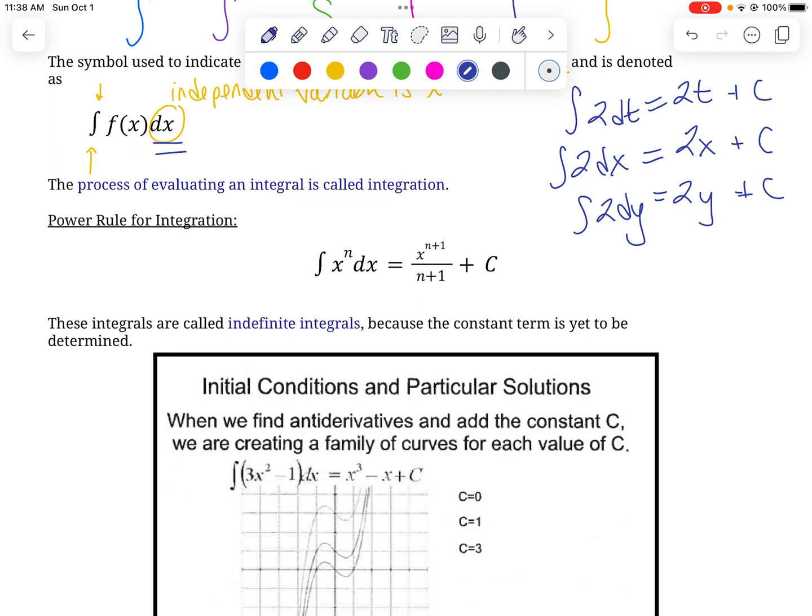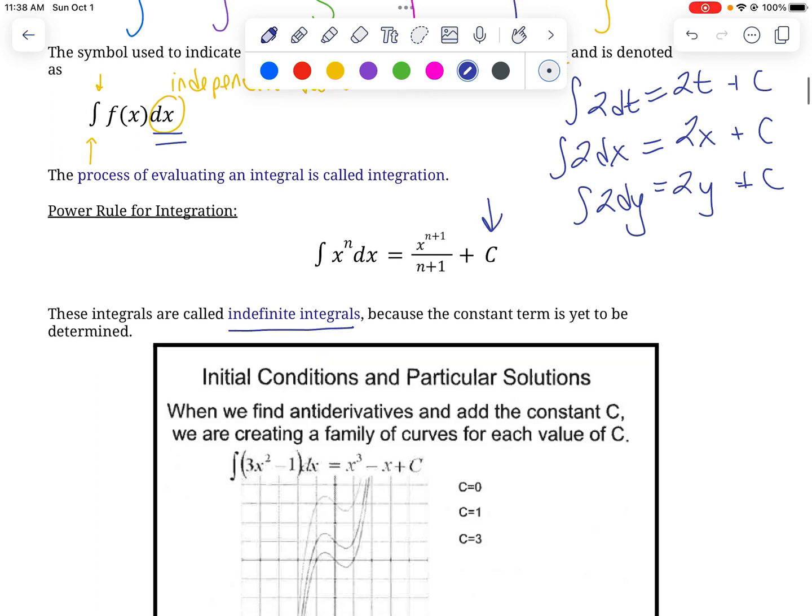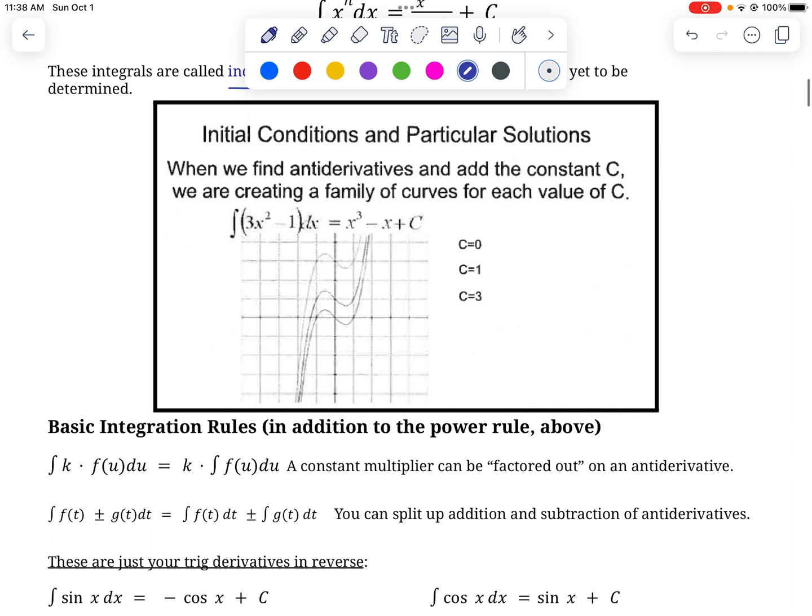Okay, and when we find these integrals, they're called indefinite integrals, because this is not a definite number. There are going to be other reasons why it's called indefinite integrals. Yes, indeed, there's something coming up called a definite integral. Get psyched. But for now you can think of it as being indefinite because we don't definitively know which member of the family of functions we want.